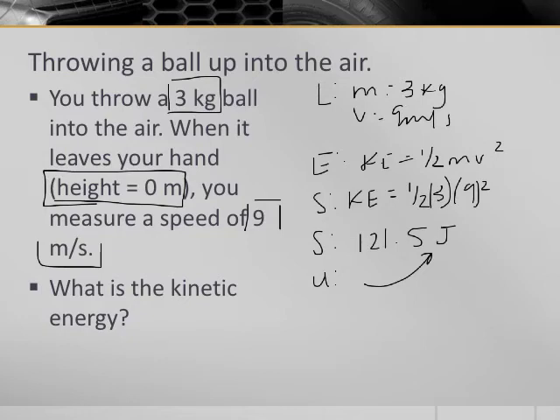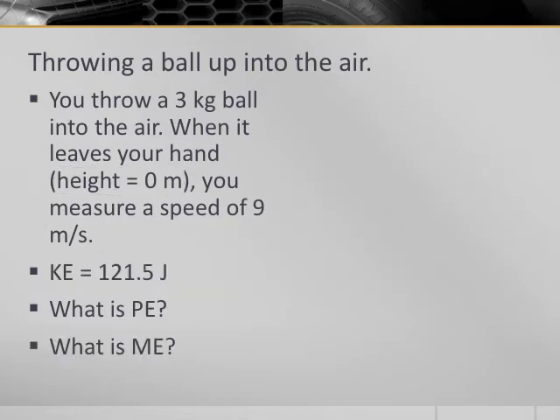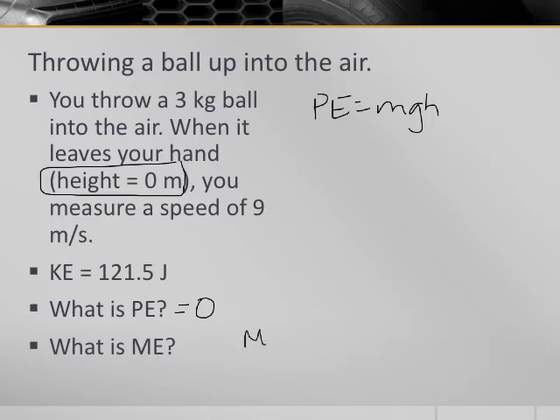So now we found KE. Now let's answer a couple more questions. What's your potential energy? And again, this is going to be at that same position. Hopefully you're noticing that since height is 0, and to find PE you've got the h in there, if you plug a 0 in there, PE is going to be 0. And then here, ME is always equal to KE plus PE.